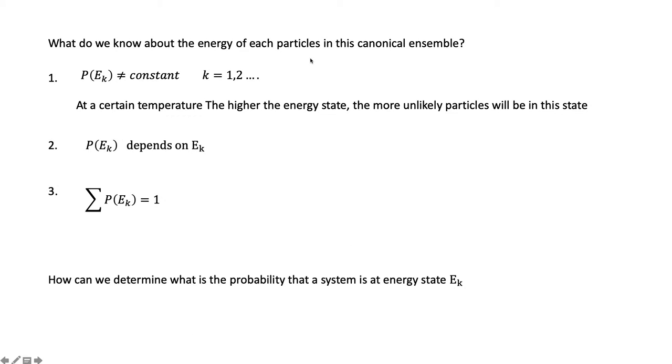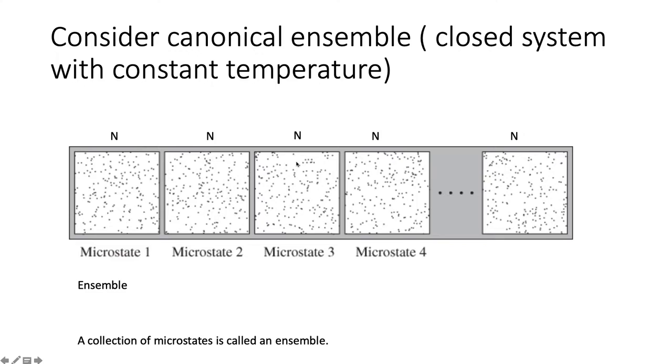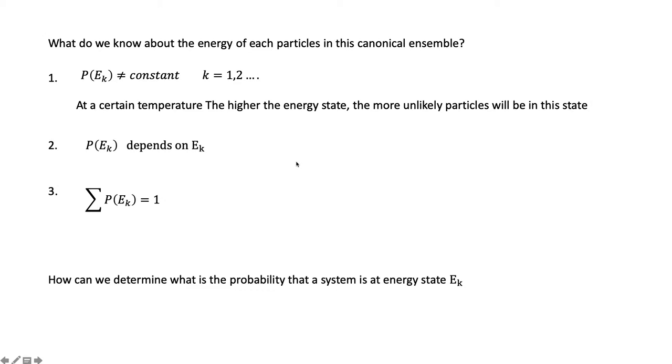So what do we know about the energies of each of these particles in this canonical ensemble? Well, we know several things. First, the probability of having the particles at different energy levels is not the same. Imagine you have a bar going from low energy to high energy. Intuitively, you're going to have a lot more particles in the lower energy states than in the high energy states.